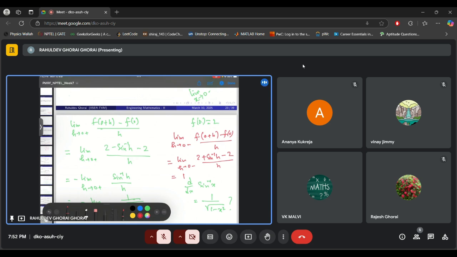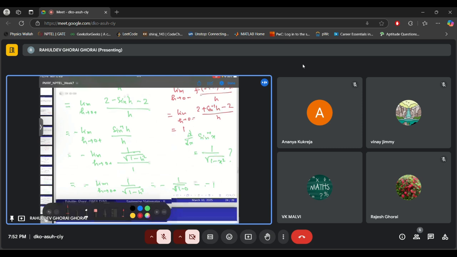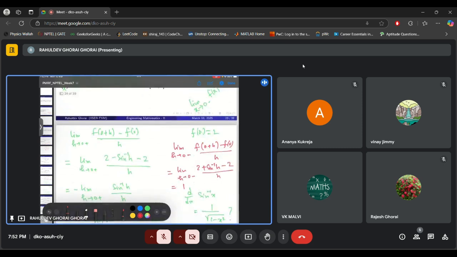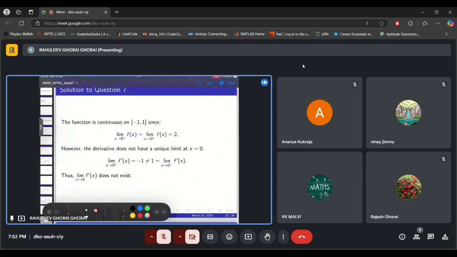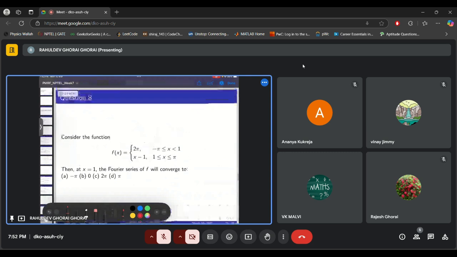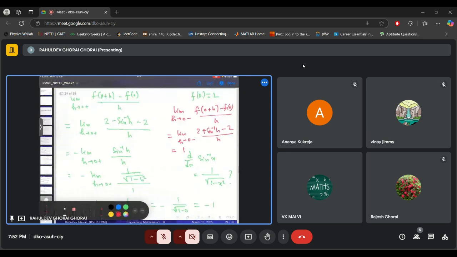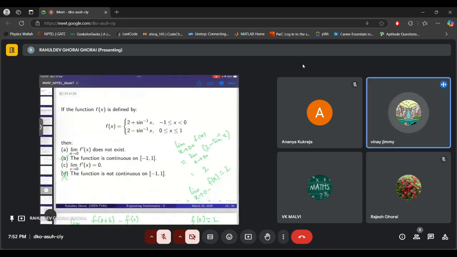Anyway, the right limit and left limit, when you approach from both sides, are different, and so we say it is not differentiable at that point 0. There is an answer also given. Is this okay for you? Can you follow this? LHD not equal to RHD.